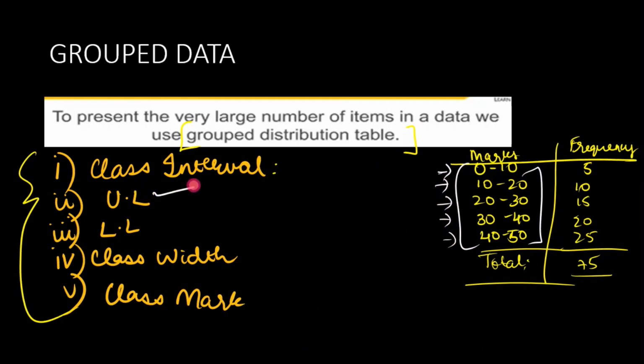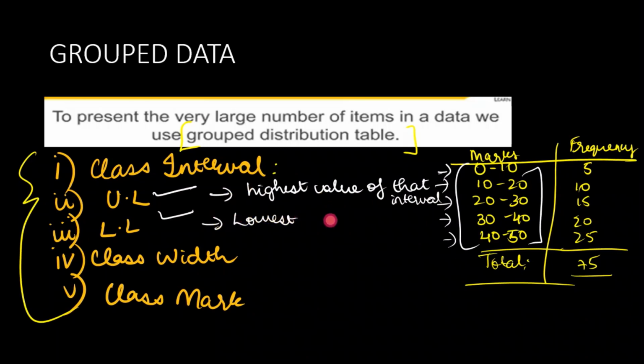Now in a class interval we have something called upper limit and lower limit. A class interval is nothing but a group with minimum and maximum values. We say the upper limit is the highest value of that interval, and the lower limit is the lowest value of that interval.